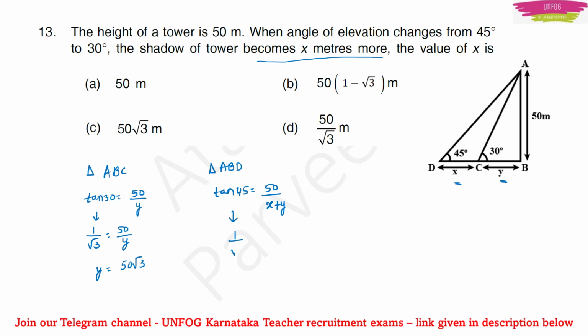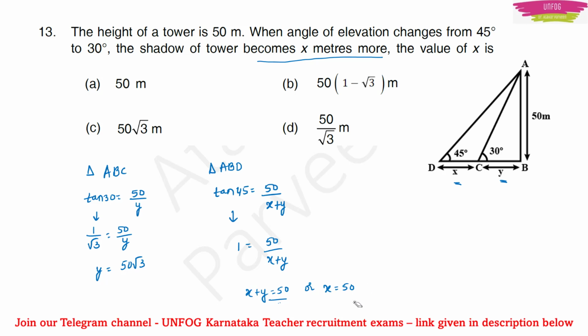It is 1. It is only 1, right? Tan 45 is 1. So in the right hand side you have 50 by x plus y, or x plus y is equal to 50. Okay. So you already have x plus y is equal to 50, or x is equal to 50 minus y.